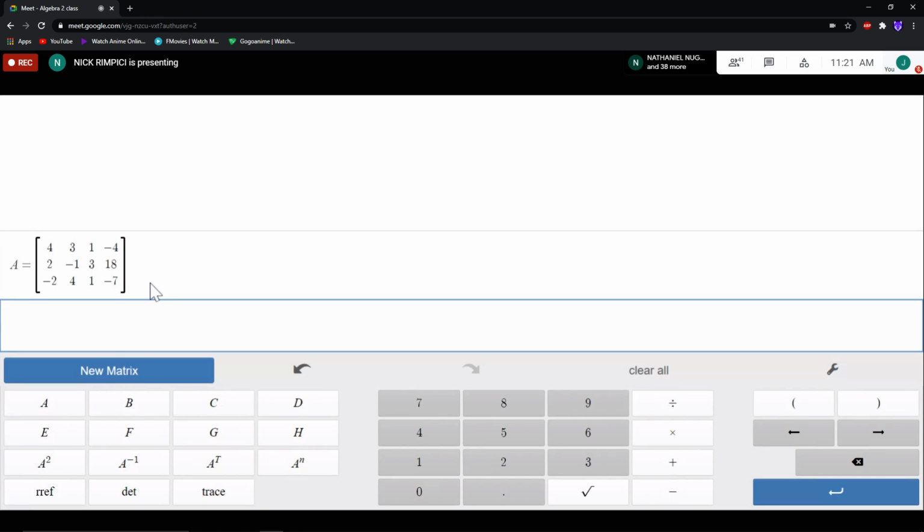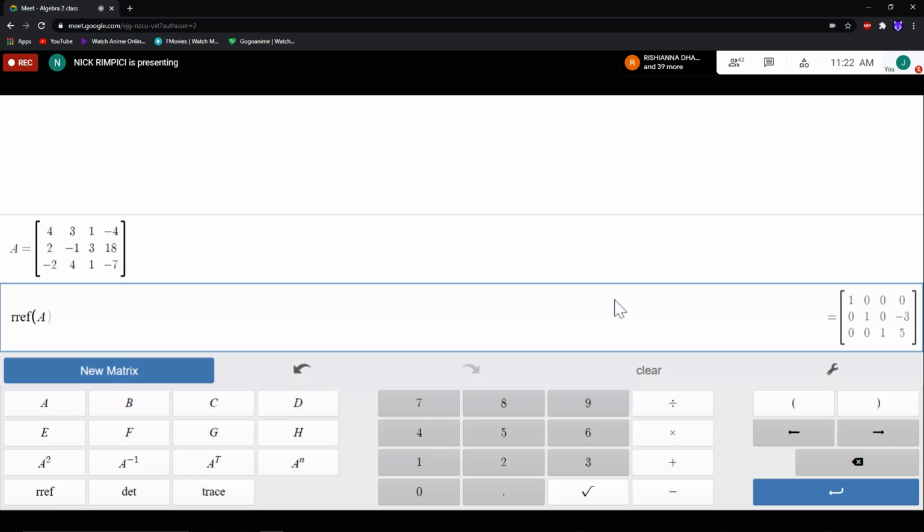So now my information is entered into Desmos, and I want to solve this system. Entering won't solve it. You have to tell the computer what to do. So I need to do RREF, which stands for reduced row echelon form, on A because I put my data into matrix A. And it works out beautifully.